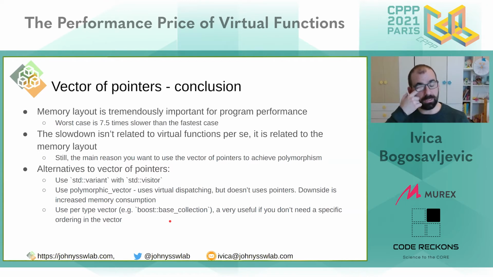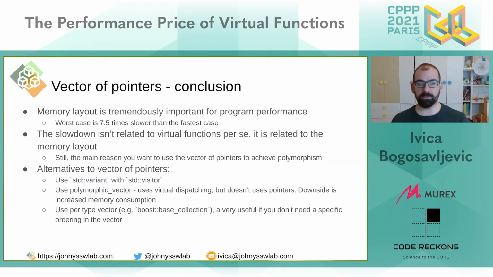There is also another approach: if you have a collection of objects and you do type-based processing, you first process all the objects of type A, then all the objects of type B, and then all the objects of type C, and keep each of them in an individual vector. This has several benefits.